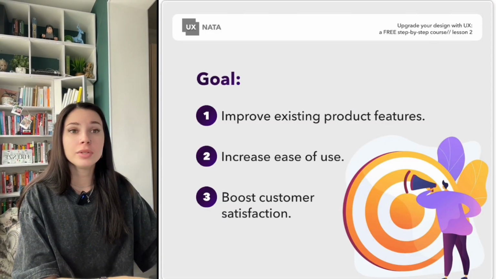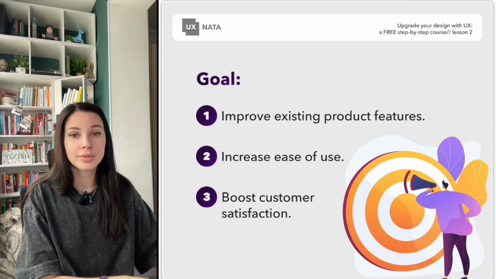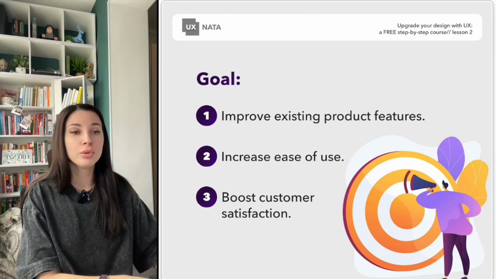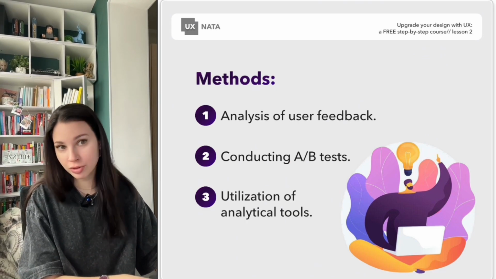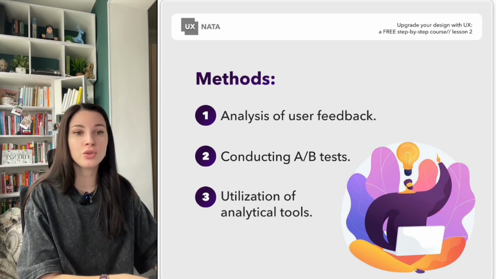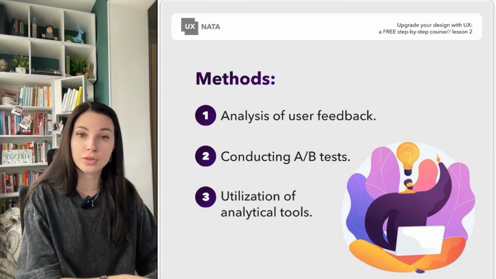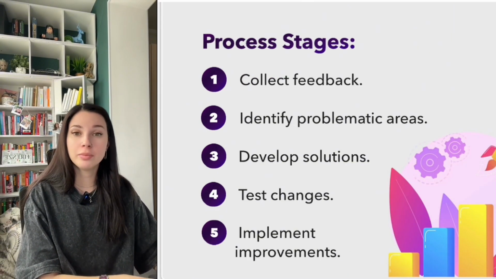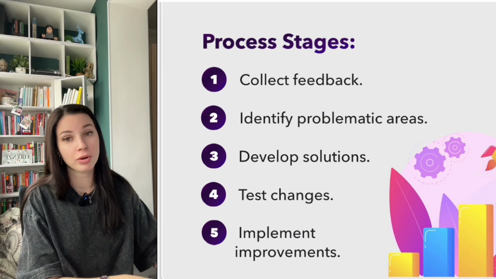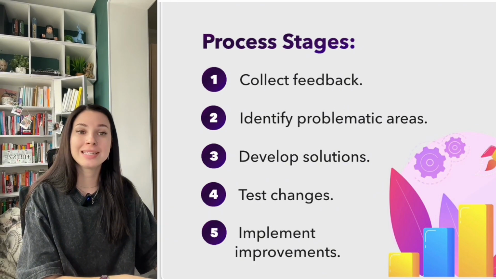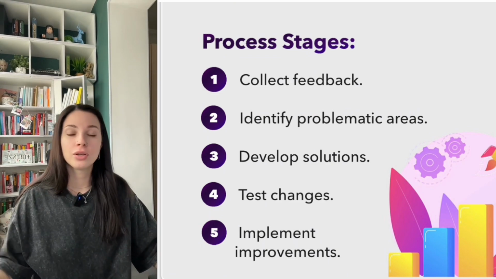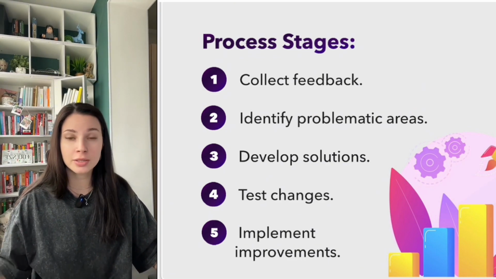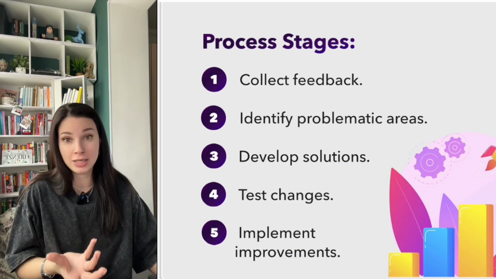How to refine the product? Improve existing product features, increase ease of use, boost customer satisfaction. Methods: analysis of user feedback, conducting A/B tests, utilization of analytical tools. Process stages: collect feedback, identify problematic areas, develop solutions, test changes, and implement improvements. This is after your product is on the market, when you can collect feedback.